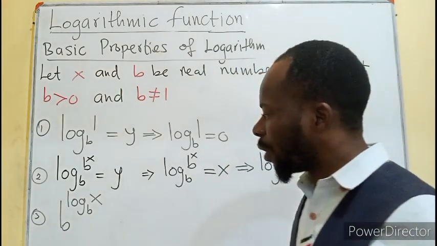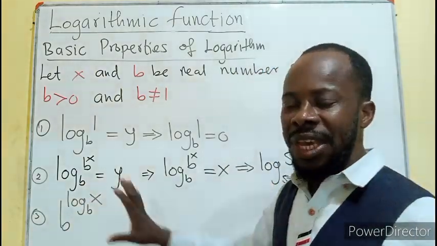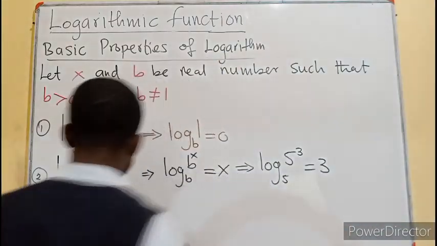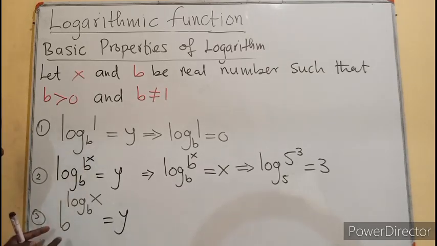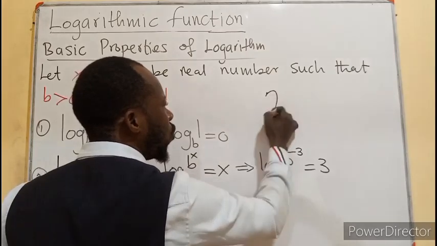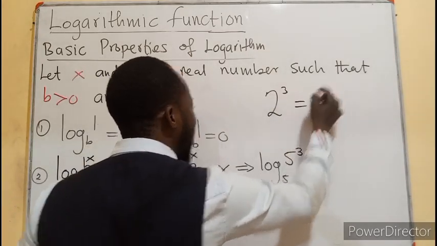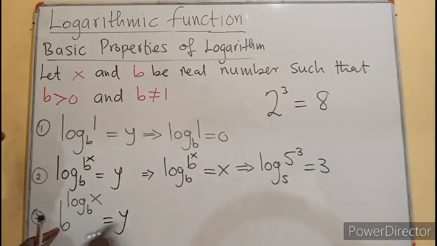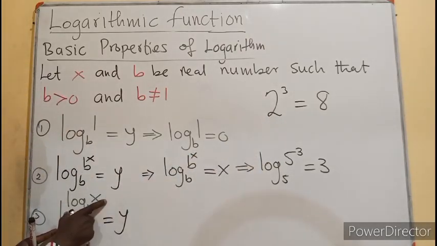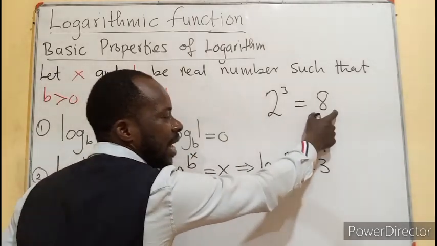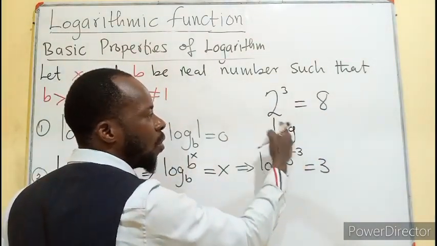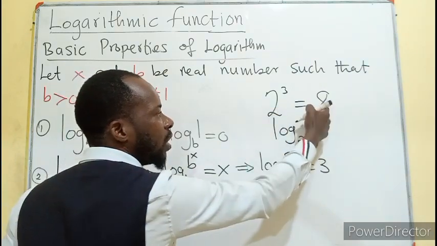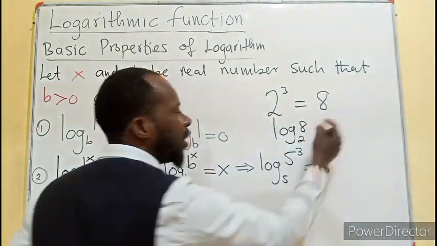All right, so what do we do? We can say that we let all this be equal to a certain variable, which in this case we can call y. We know that if we take 2 exponent 3 equals 8, you are seeing it? b is our 2, the exponent is here, y is our 8. If you are going to write this, you still have to write the logarithm of the base 2, the number 8 equals 3.